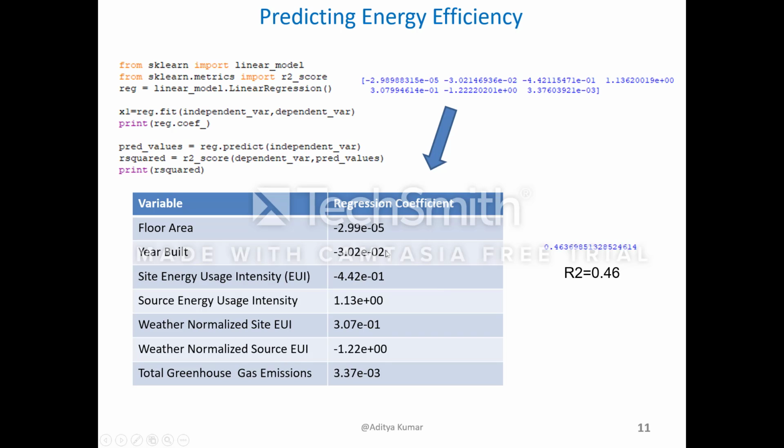However, there were some relationships which were quite confusing. For example, for some energy intensity variables, the coefficients were negative. However, for some they were positive. This was something which I could not really explain in this analysis. However, I hope a more detailed analysis might be helpful in this.